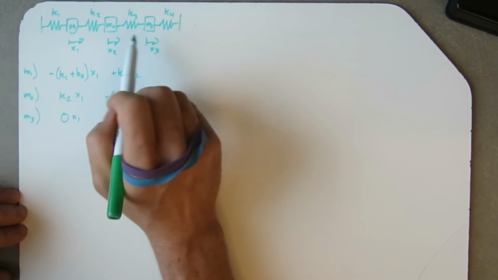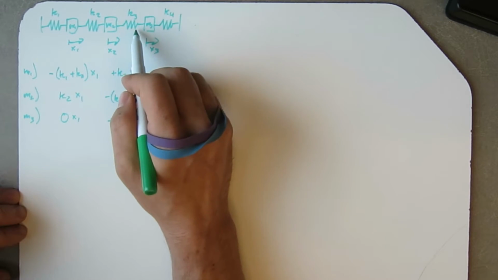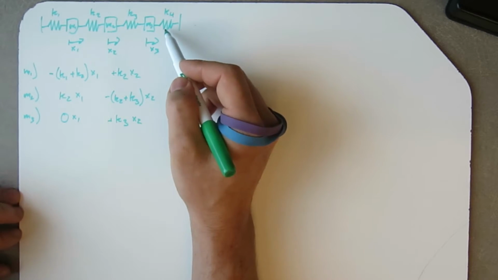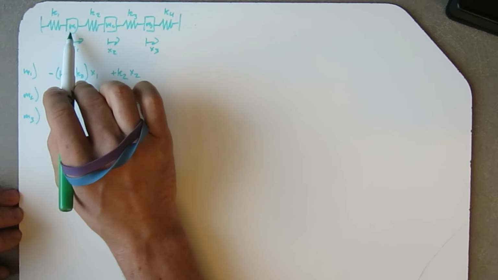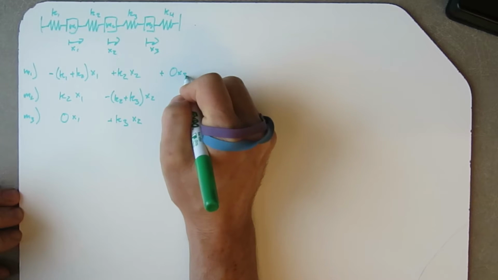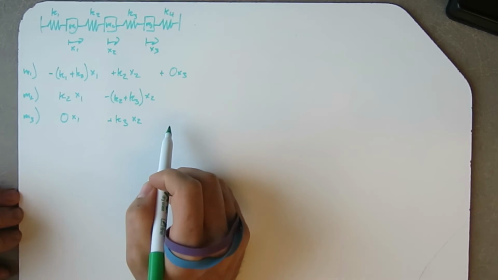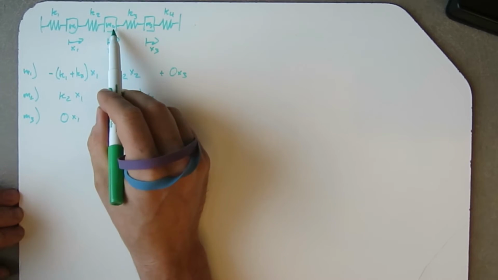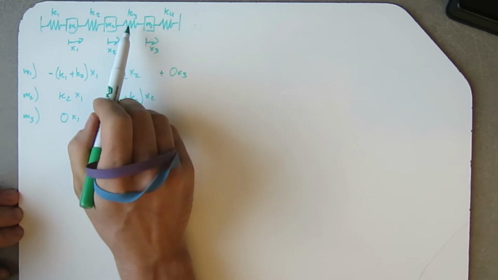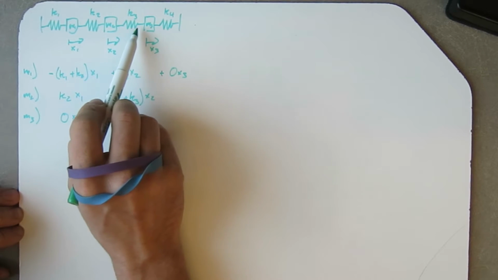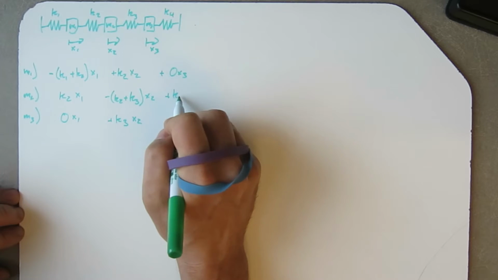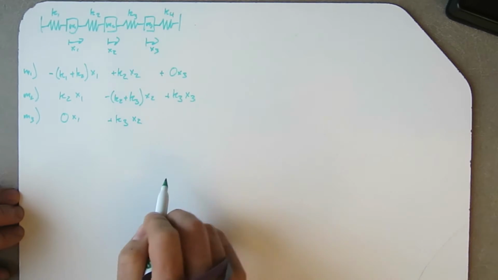In my mind, I imagine I can see that K3 would be stretched, K4 would be squished. Neither of those are attached to M1, so M1 will not feel anything directly from a displacement of x3. M2 will feel a positive pull from the stretched out K3 as M3 moves forward, stretches K3, tries to pull M2 along with it. So we have a plus K3 x3.